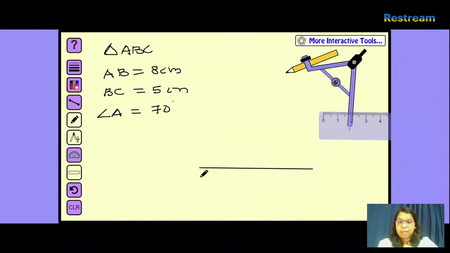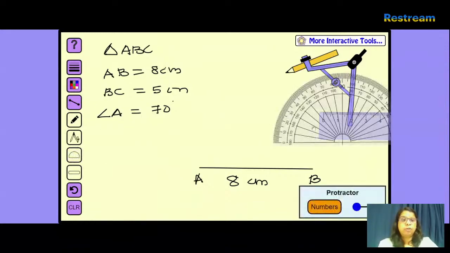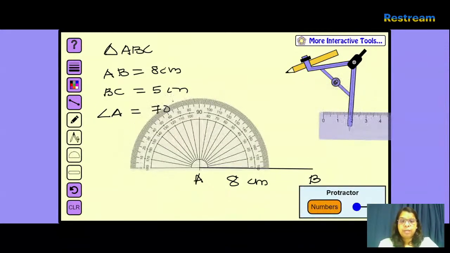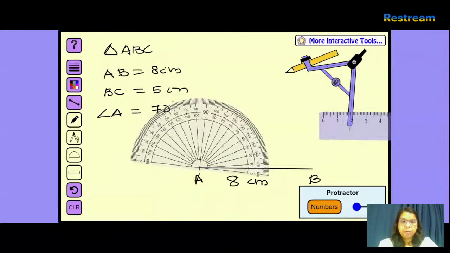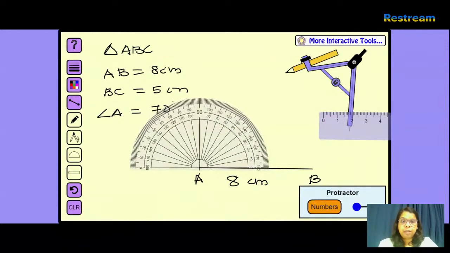So now I have got my AB. Okay, it is 8 centimeters. Now I know my BC is 5 centimeters, but my angle A is 70 degrees. So I'm going to take my protractor, place it on A, align the 0 properly on my line, okay, and mark 70.